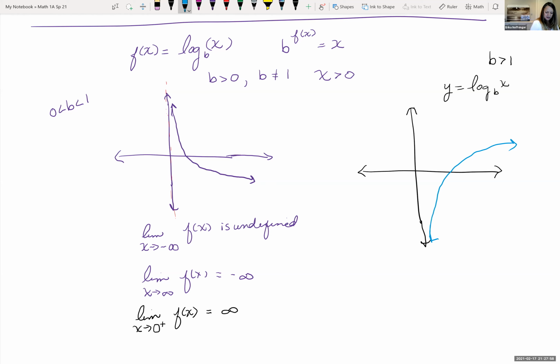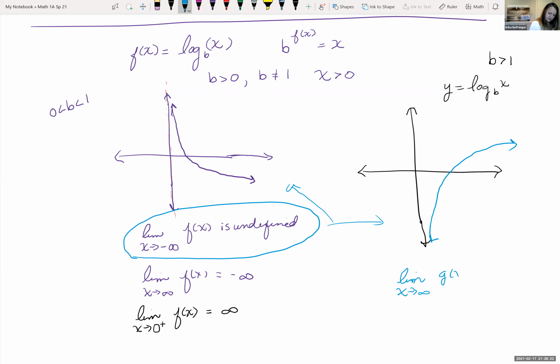Again, this is undefined as I go to negative infinity. And as x approaches positive infinity of this value, call it g of x, this is going off to positive infinity.